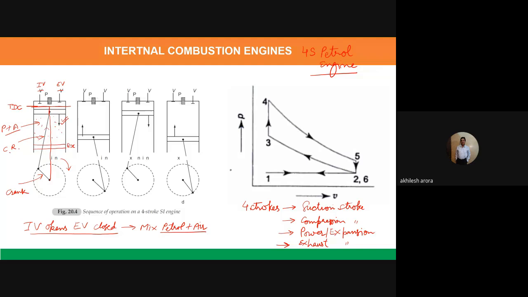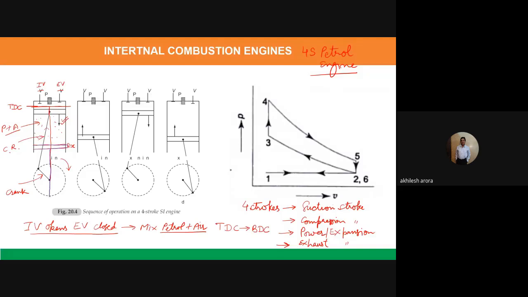And what is happening? The motion of the piston is taking place from TDC to BDC. That is the one thing. And the moment the piston reaches BDC, this is the location of the piston, this is the connecting rod, and this is the crank.